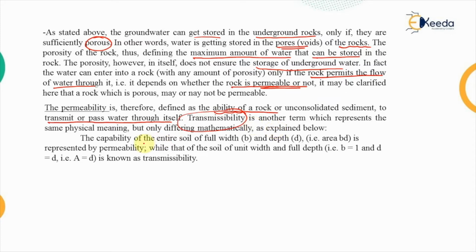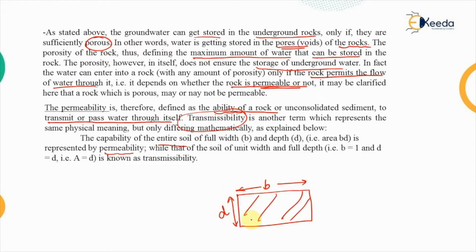So the capability of the entire soil is known as the permeability. But if we are talking about the soil which is having unit width and full depth, so one of the components, let's say this is the width B and depth is D for the soil sample.